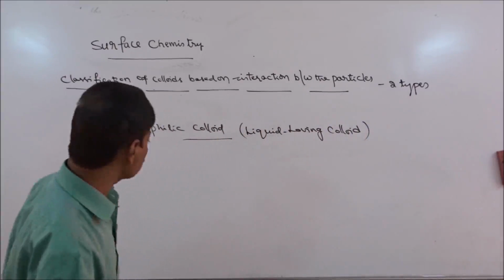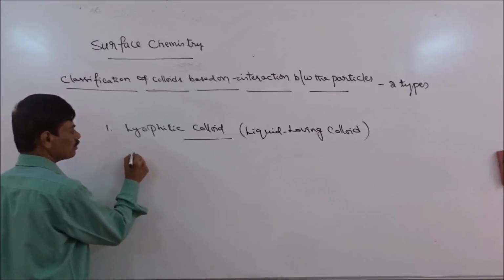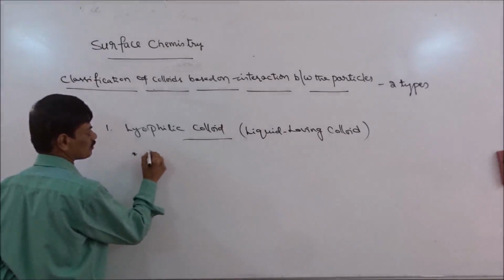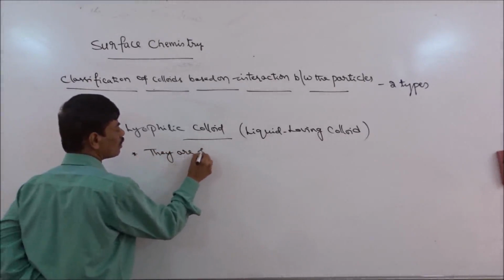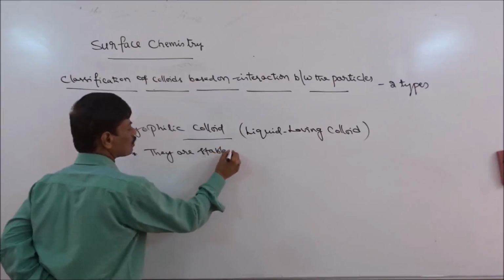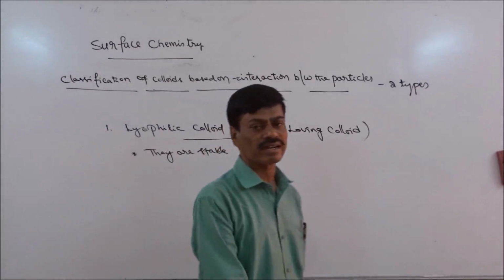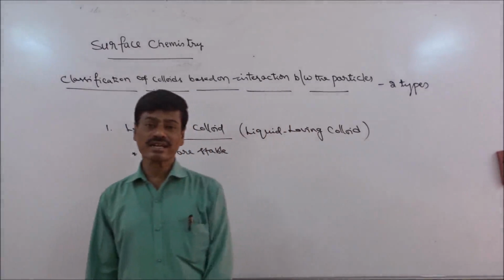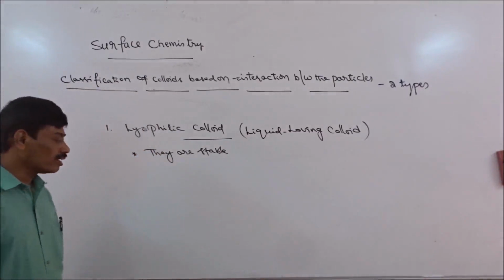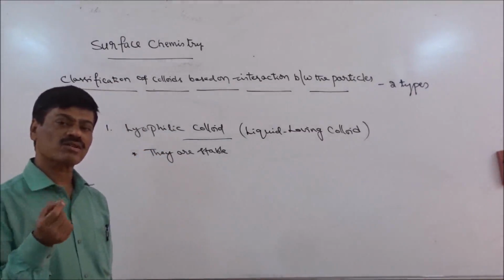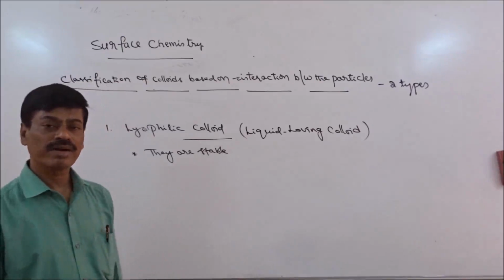Next important salient feature of lyophilic colloid is stability. They are stable. Means when lyophilic salt is taken in a container and when it is stirred, when it is heated, and when small amount of electrolyte is added, nothing will happen.